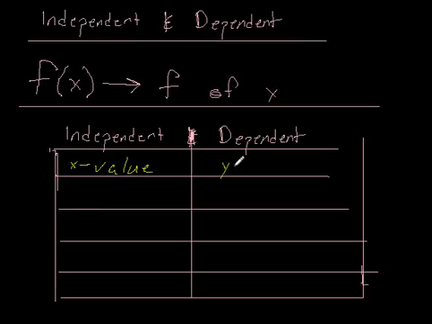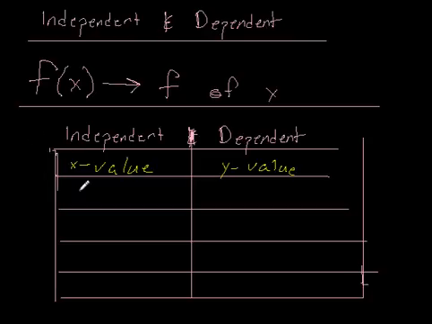So the x being the independent and the y being the dependent. Also, it's easy to think about when you use a chart or create a graph, the independent variables are put on the x-axis while the dependent variables are put on the y-axis.